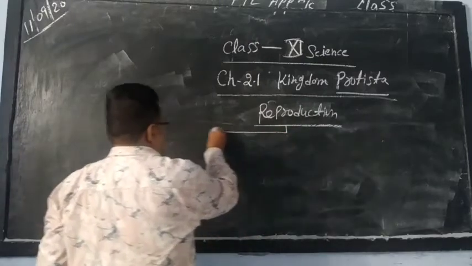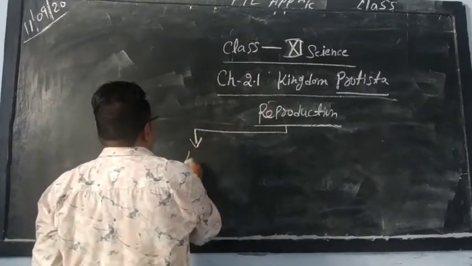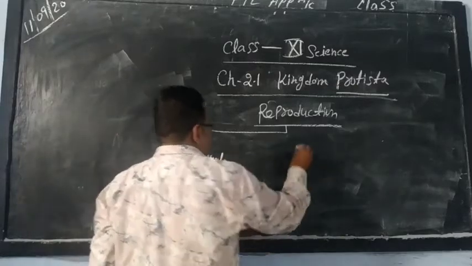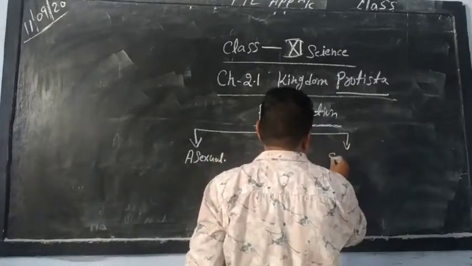The reproduction takes place by two methods, asexual and sexual.